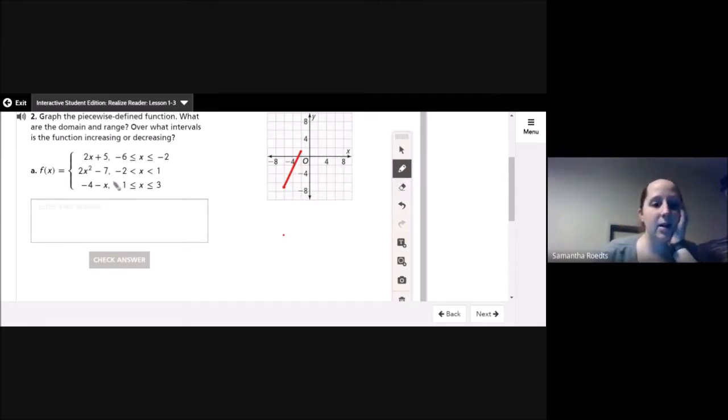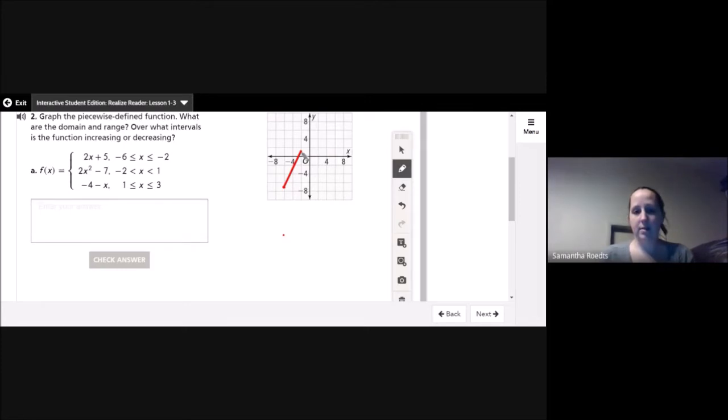All right. Now for the second part, so that took care of this one. For the second part, I have 2x squared minus 7 from -2 to 1. So I'm going to substitute in -2. So -2 squared is 4. 4 times 2 is 8. Minus 7 is 1.